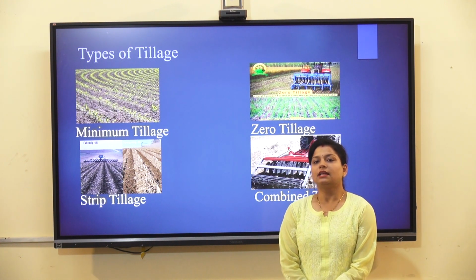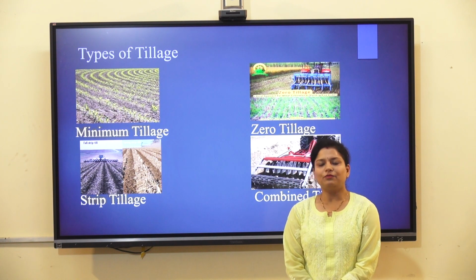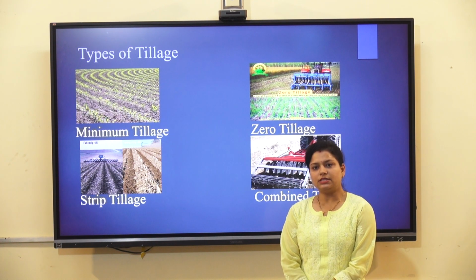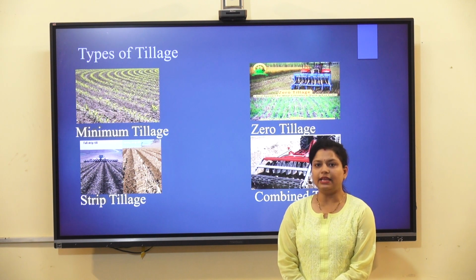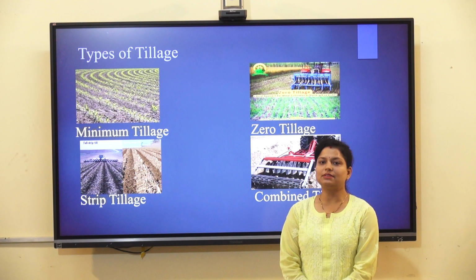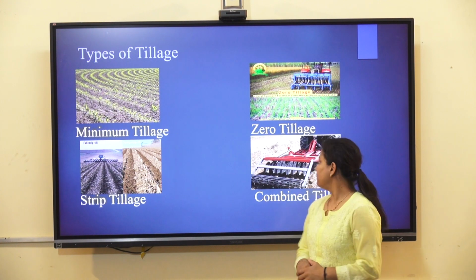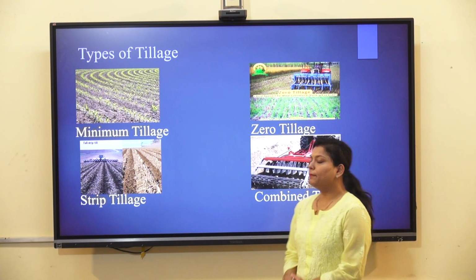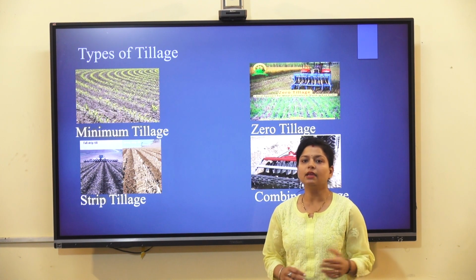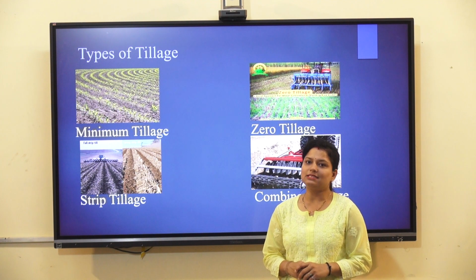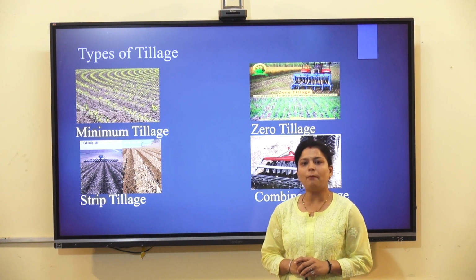In zero tillage, there is no need of tillage, or we can say in this type we go for direct seeding after harvesting of the previous crop. The last one is combined tillage. In this type of tillage, two to three tillage implements are attached in one combination for proper tillage.